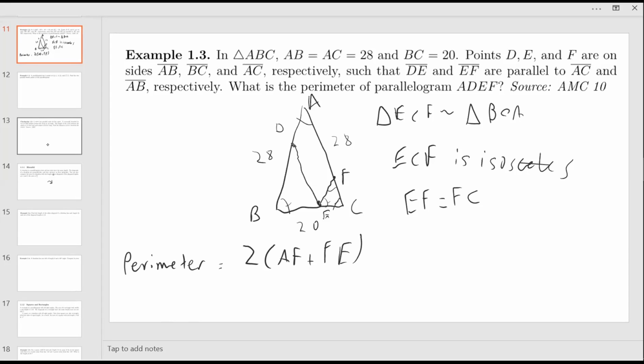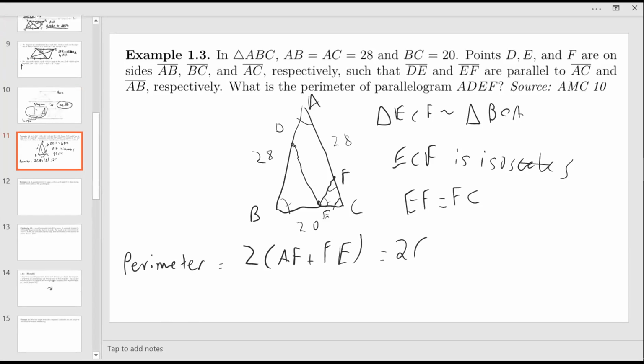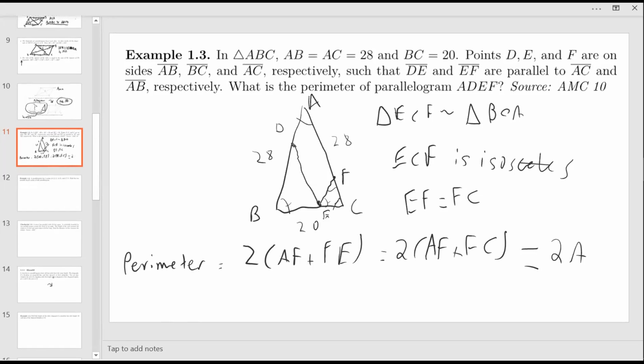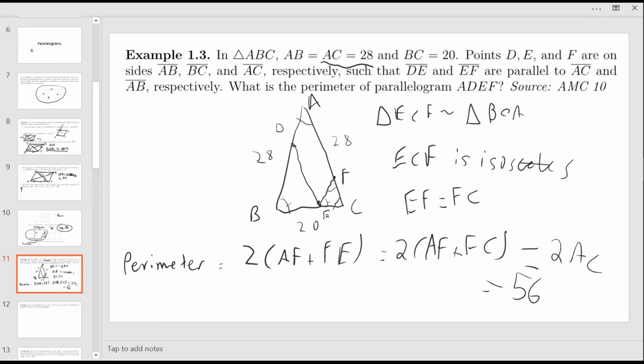But what's AF plus FE? We know that FE is just FC, so this is AF plus FC, and AF plus FC is just AC. In the problem, we're given that AC is 28, so this is just 56. If you look at this problem, the fact that BC is equal to 20 is completely irrelevant.